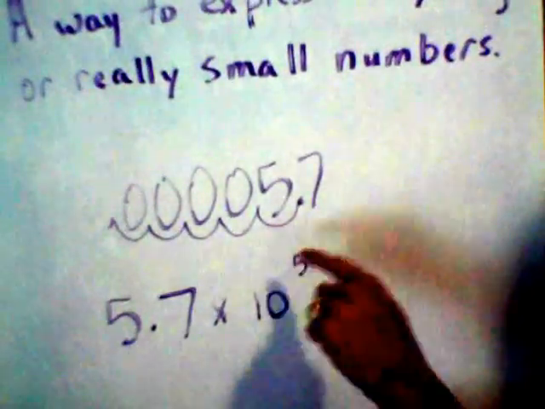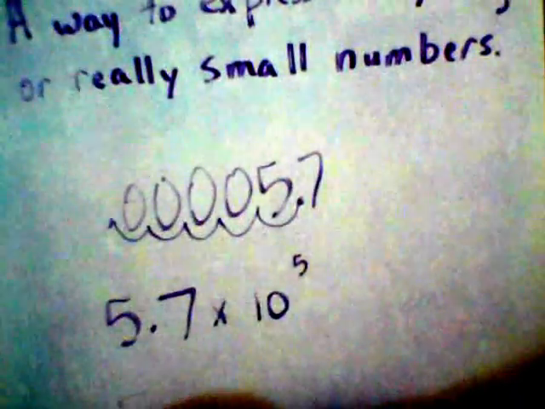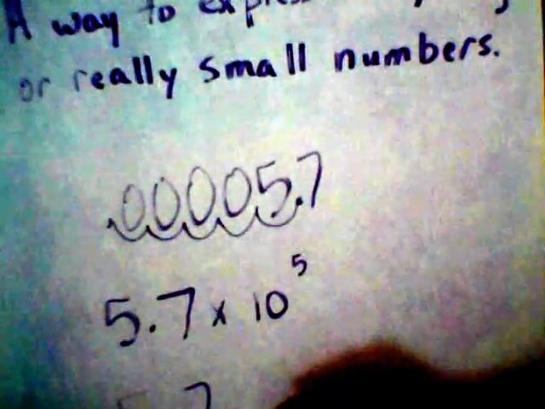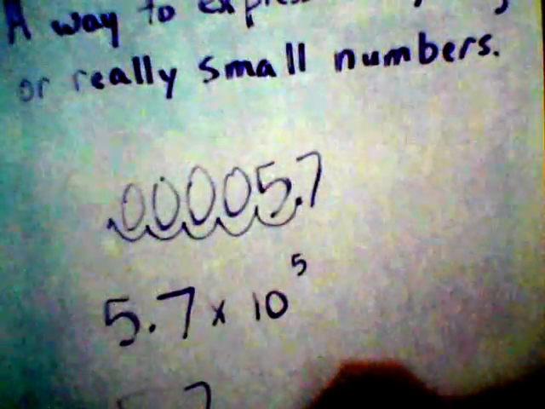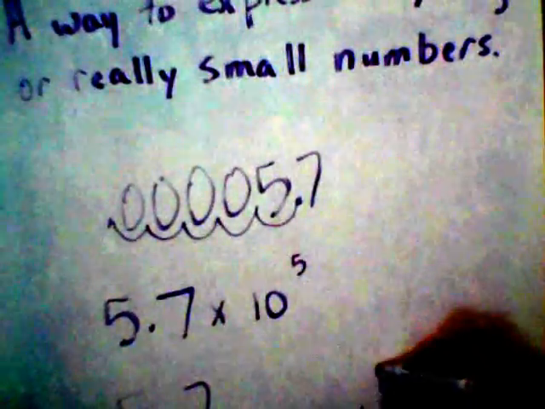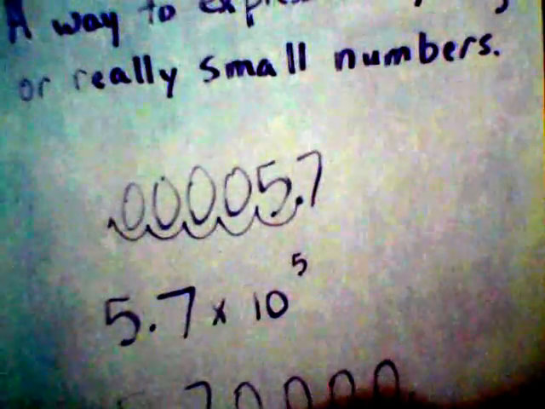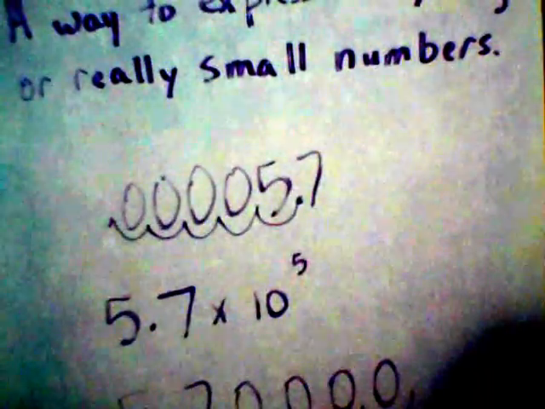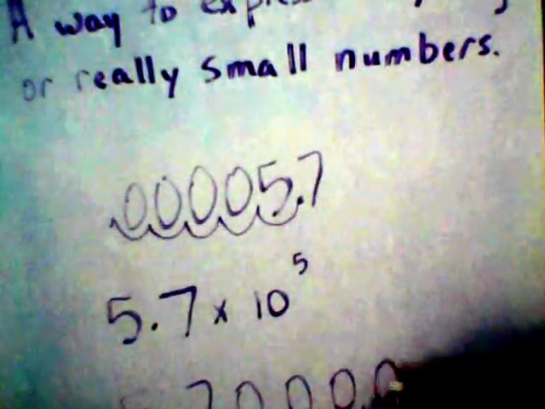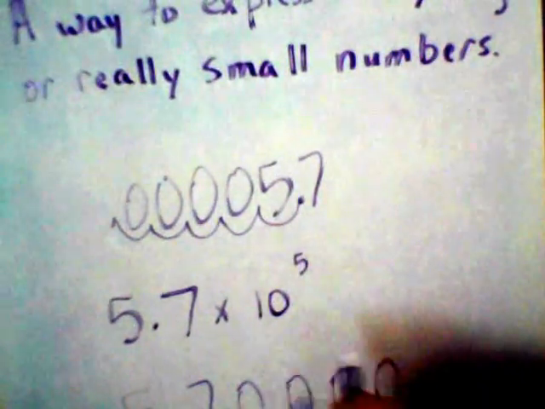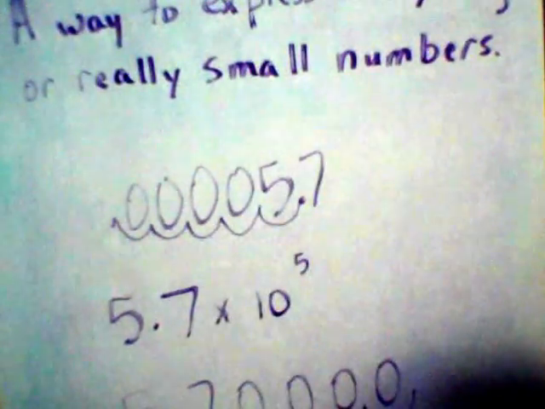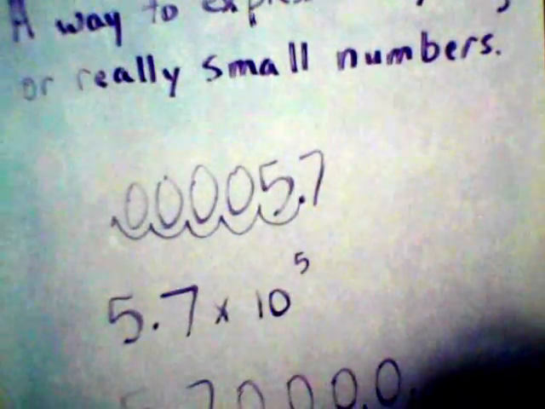Because if I just put 5 and 7 tenths to the fifth power, I would go 1, 2, 3, 4, 5. 570,000 is a lot. 570,000 is a lot more than 57 10 millionths.